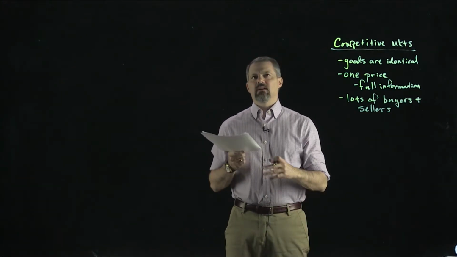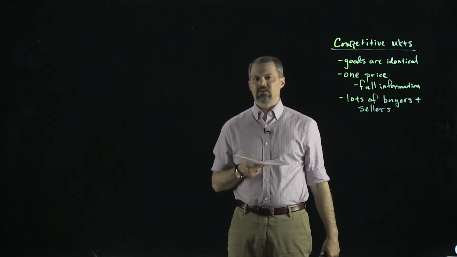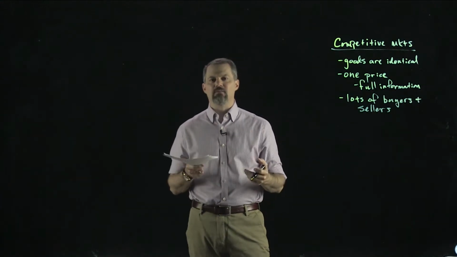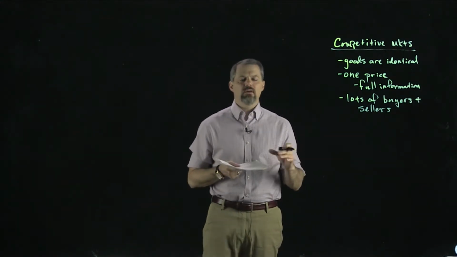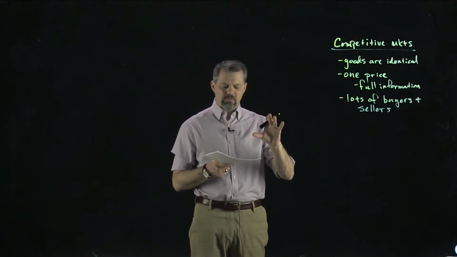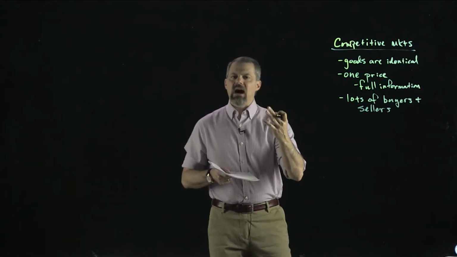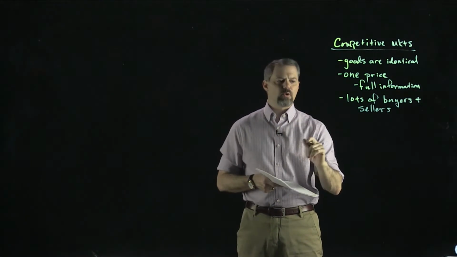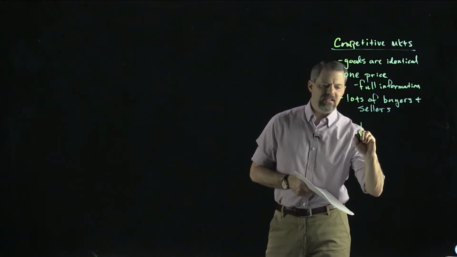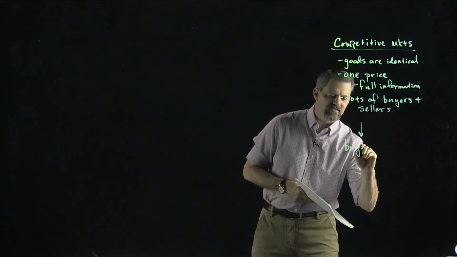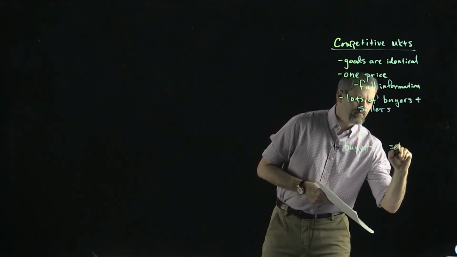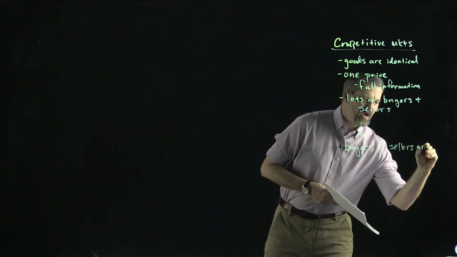Now, if we think about the implication of these characteristics, how does a competitive market work? From your principles class, hopefully you remember that both the buyers and the sellers have no control over the price. So what this means is that buyers and sellers are price takers.